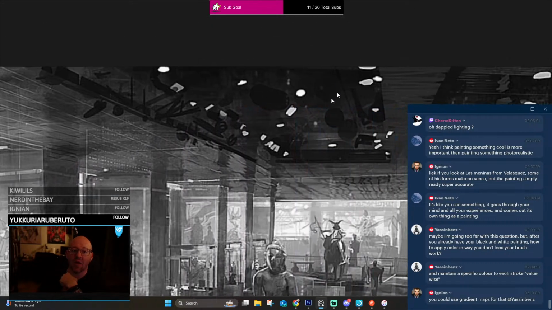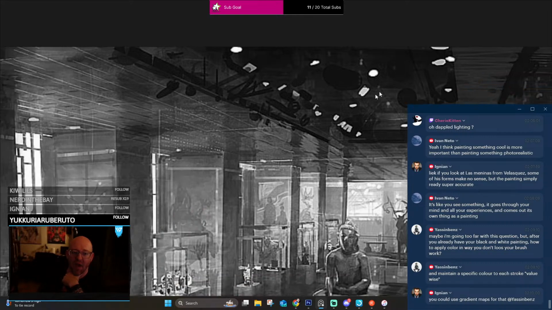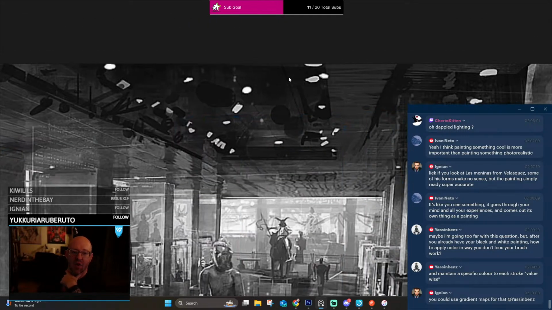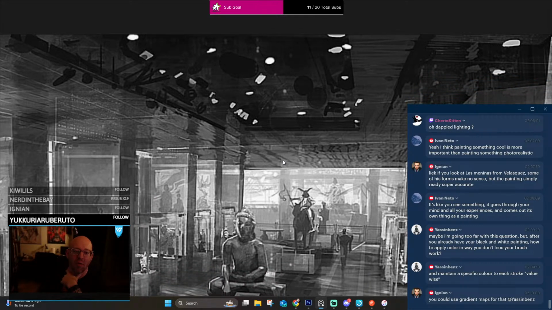Your lights here, in fact, I would bet this is like 30% on the value scale, while this is like pure digital white light, basically. Because this is next to all your darkest darks, you can get away with it being relatively light. I bet this value and this value are pretty close. But it's an optical thing.